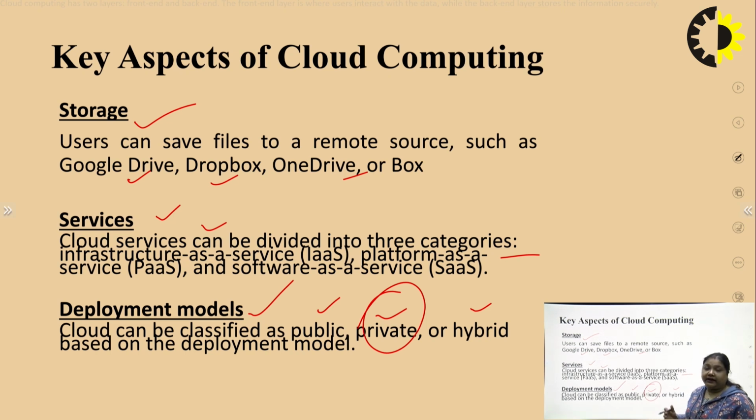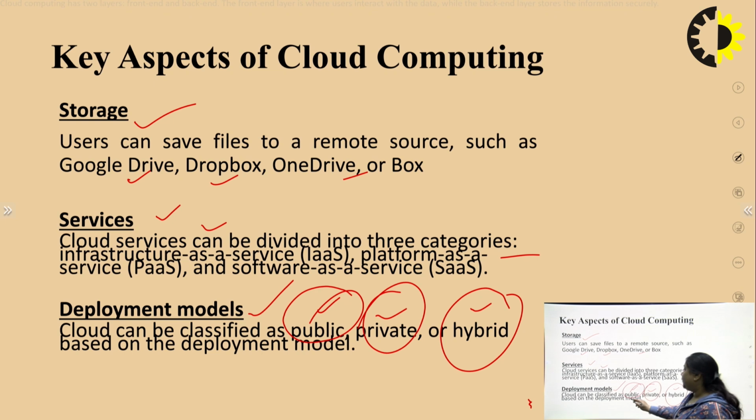If we pay a small amount, we can take a public server, in which other organizations' or websites' data also reside on the same server. That is called public. And in hybrid we can access both public and private types of servers, and we can have our data on those servers.